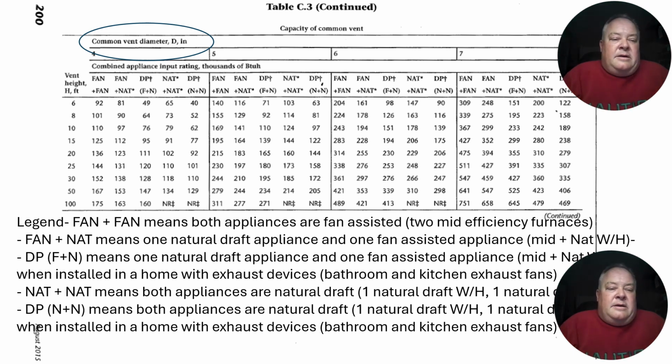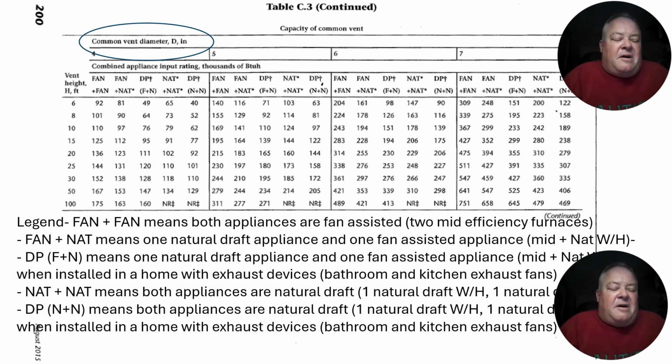So the first column you're going to see, let's go back up toward the top, is the heading right beside vent height that says fan plus fan. That means if we have two fan-assisted appliances, so two mid-efficiency furnaces, for instance, sharing this common vent, that number would give you the capacity of those two fan-assisted appliances.